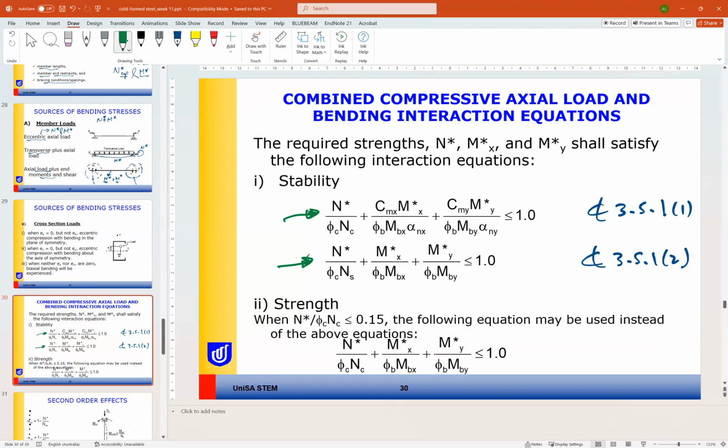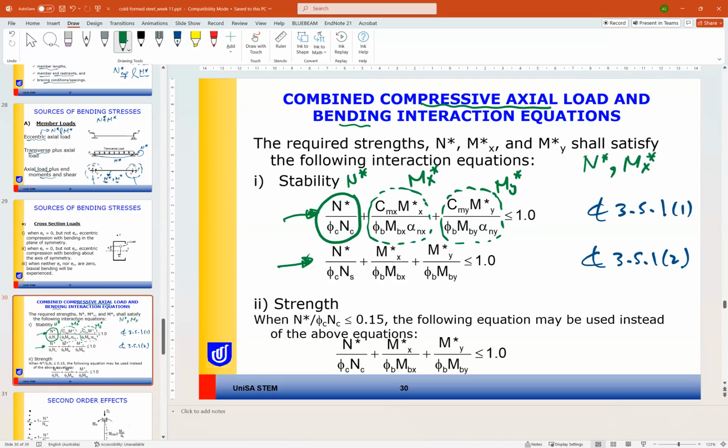For N asterisk to satisfy the combined action between compressive axial load and bending moment, we have a term for axial load for N asterisk, and terms for Mx and My. This is the general formula, because in some cases we can have only N asterisk and Mx asterisk.